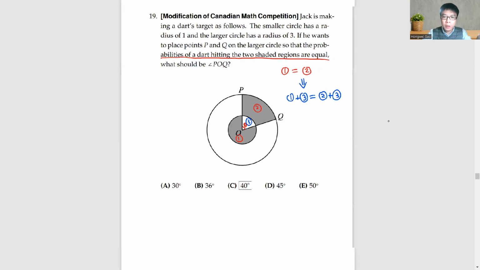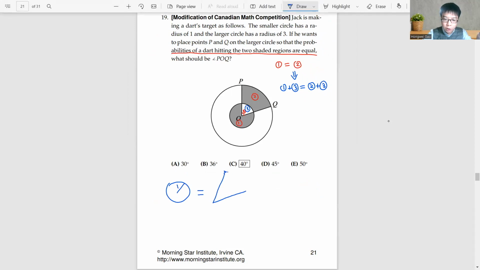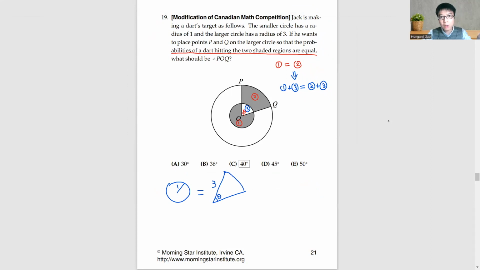Let's solve for theta in that way. So basically we have a small circle with radius 1 equals a larger sector with central angle theta and radius 3. That's given in the question. They have the same area.